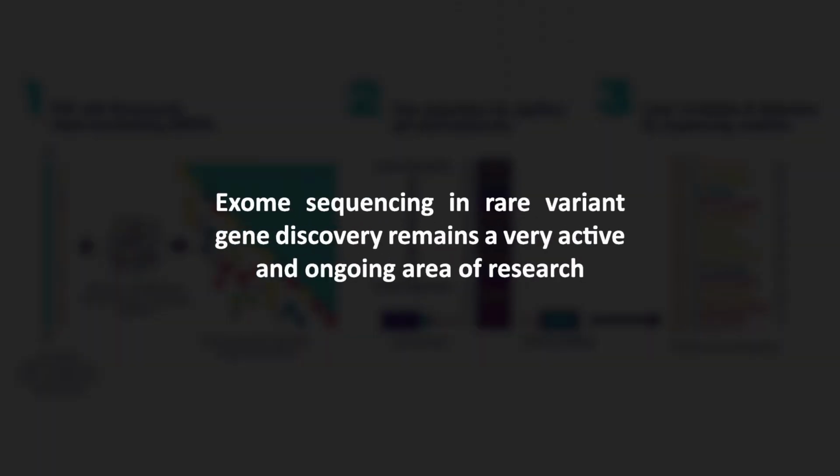In addition, variants in coding regions have been much more extensively studied, and their functional implications are much easier to derive, making the practical applications of variants within the targeted exosome region more immediately accessible. Exosome sequencing in rare variant gene discovery remains a very active and ongoing area of research.